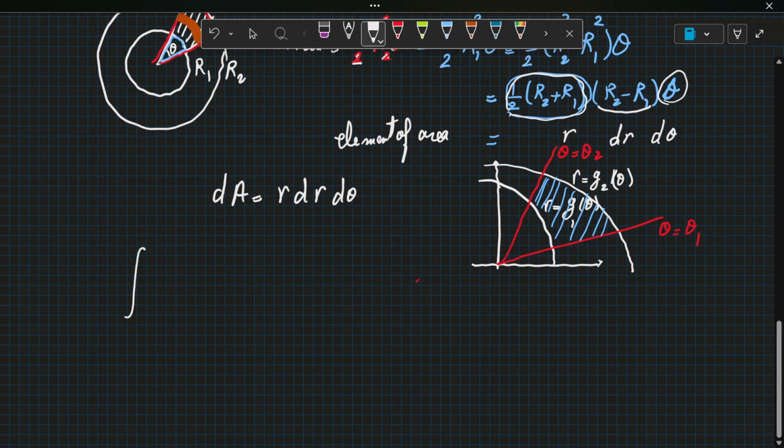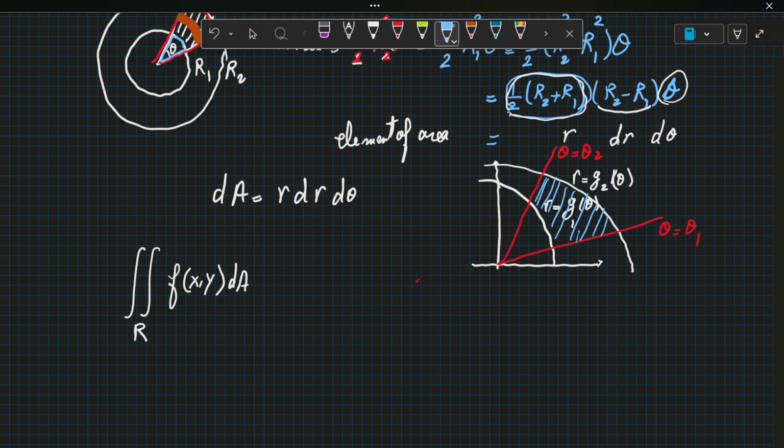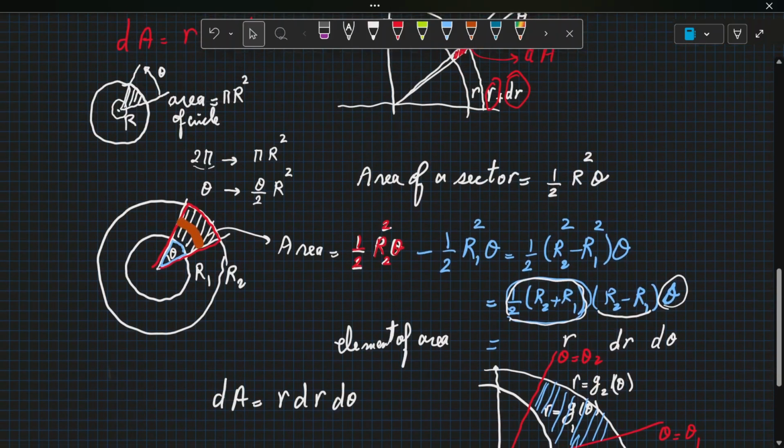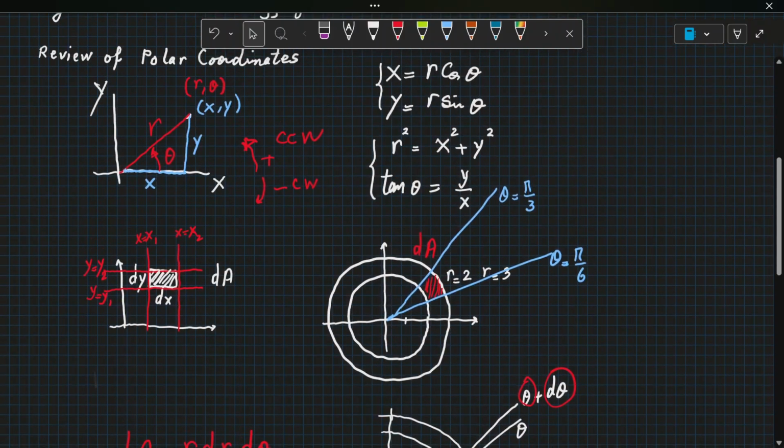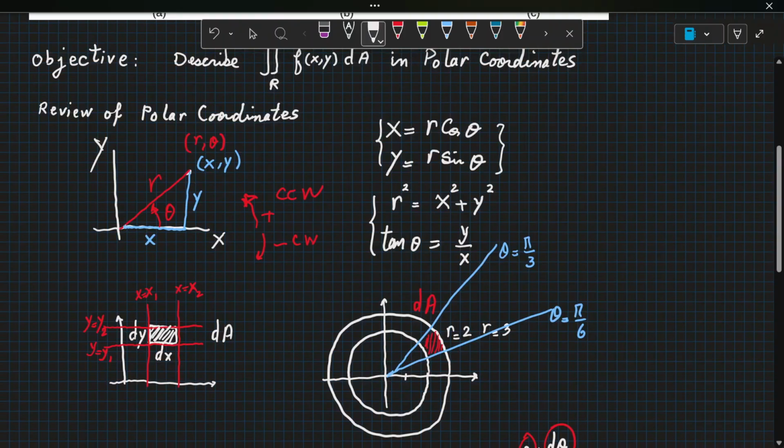In the double integral that we had with f of x and y dA over some region R, this is the region R we are interested in. We rewrite this thing in the following way. The x and y are going to be transformed according to these formulas.